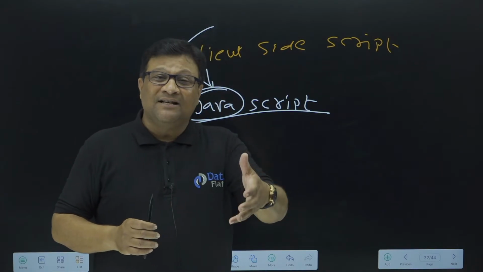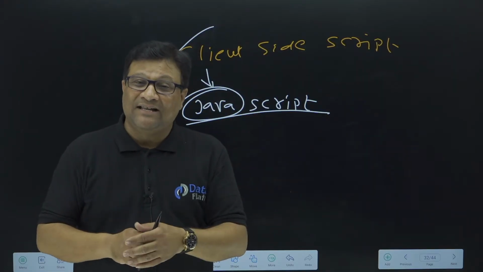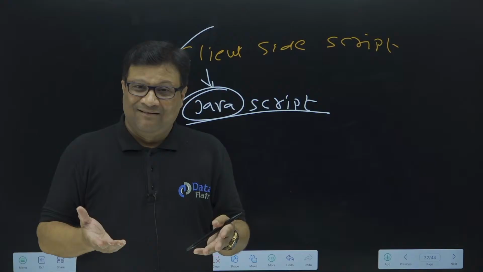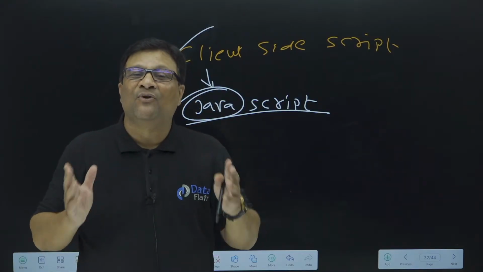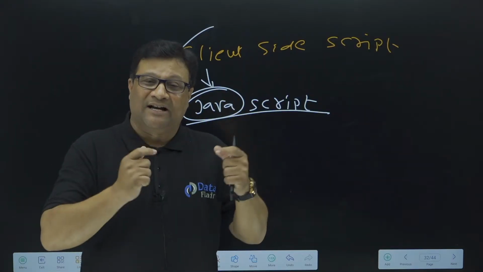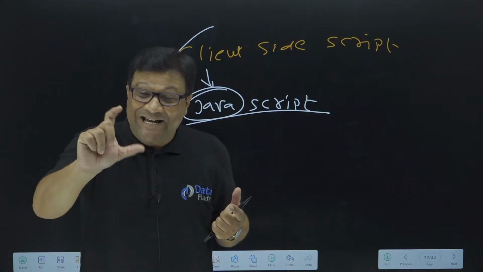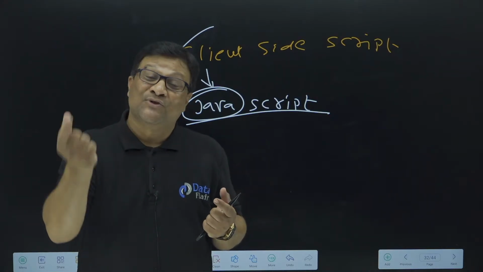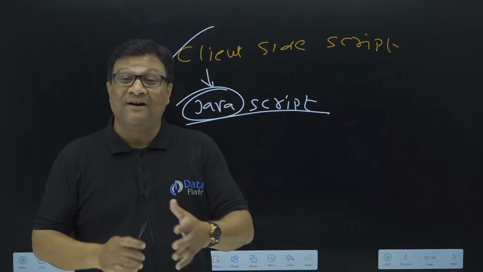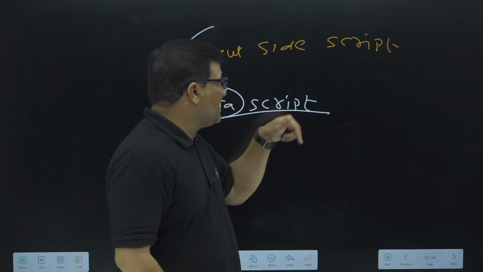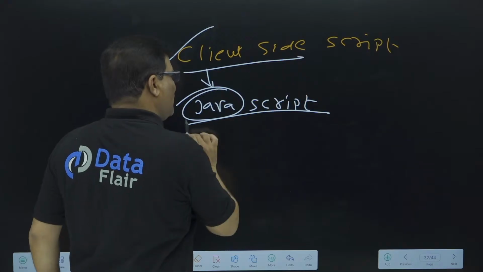If any person's name is Amitabh Bachchan, that person is famous by name only. Like if any student in college has the same name and surname, he is itself a famous person, because that name has that much name and fame. Same scenario at that time: Java had that name and fame. So with that name and fame, people changed the name from client-side scripting to JavaScript.